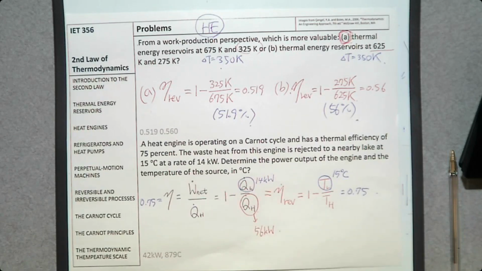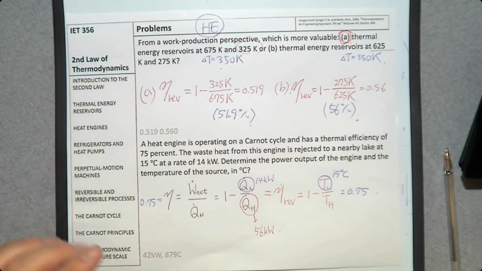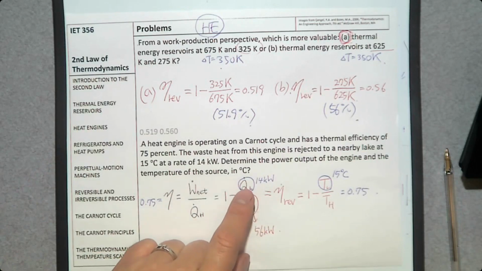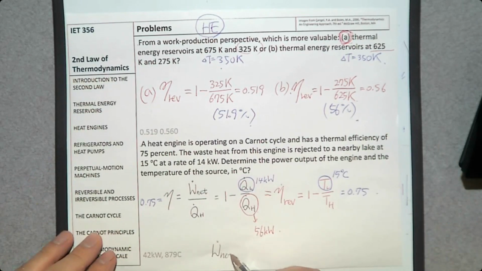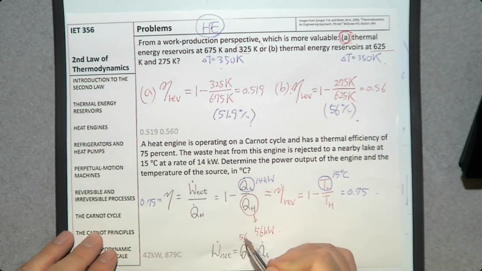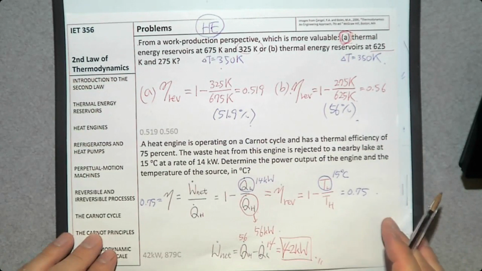What is the power this heat engine produces? The difference between Q dot H and Q dot L. W dot net is going to be Q dot H minus Q dot L, which is 56 minus 14, which is 42 kilowatt.